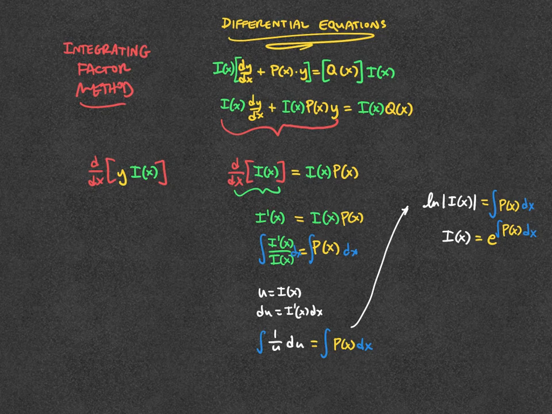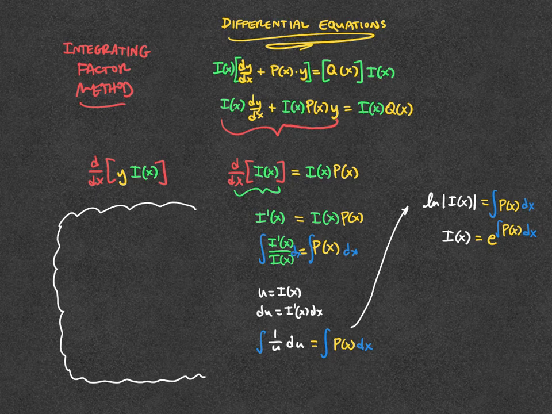Now, some pieces are going to be important for you to grasp. Let's put those over here in a box, and you're going to want to hold on to these during these integrating factor method differential equation situations. First thing you want to be aware of is this form, dy/dx plus p of x times y is equal to q of x.